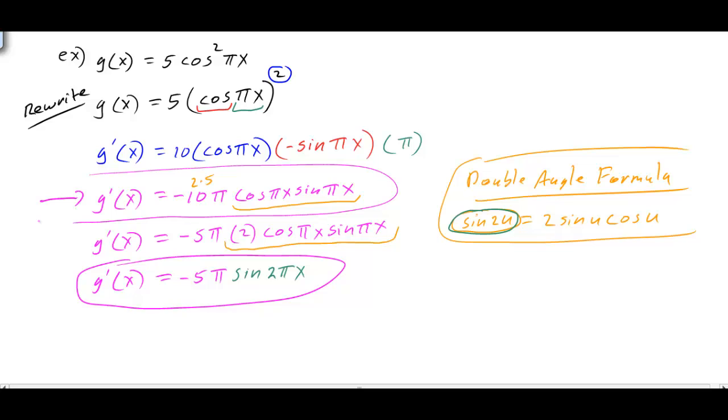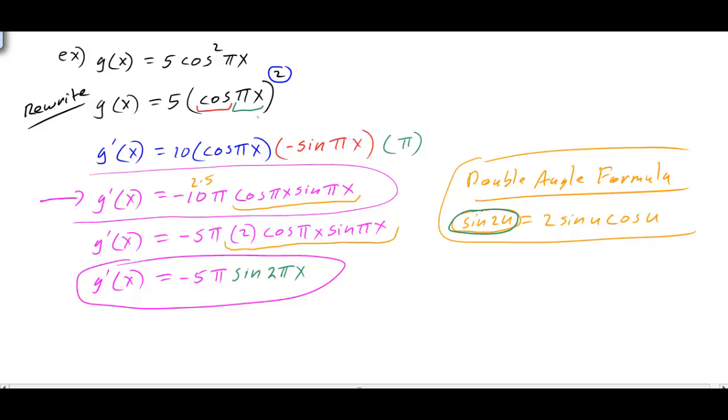But if you're looking at a multiple choice quiz or problem, then this answer may not be there. And if you notice that all of the answers seem to have one trig function, that's when you may want to look at some type of identity. And in this case, the double angle formula was one that we could use here to rewrite this.